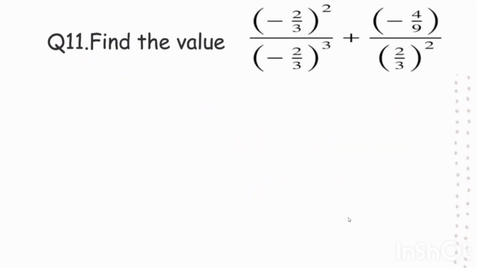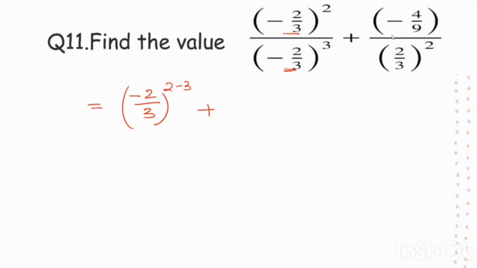Now we have to find the value of this expression. Here the bases are the same, so we can write (-2/3) raised to the power, and these expressions are divided with the same base, so 2 minus 3, when dividing we subtract the exponents.